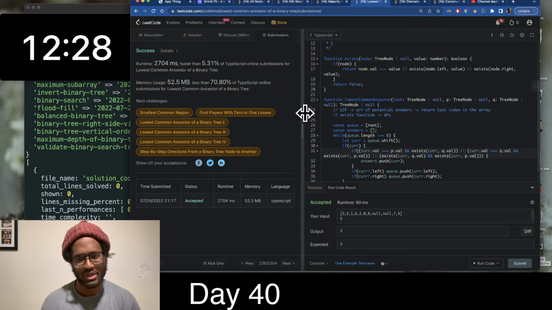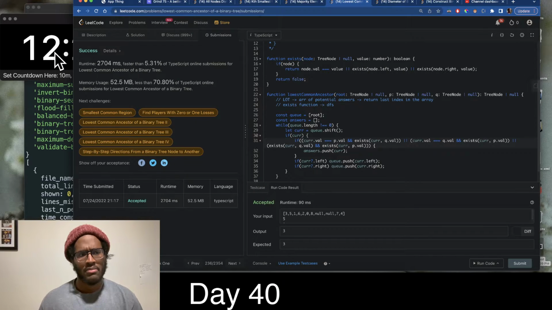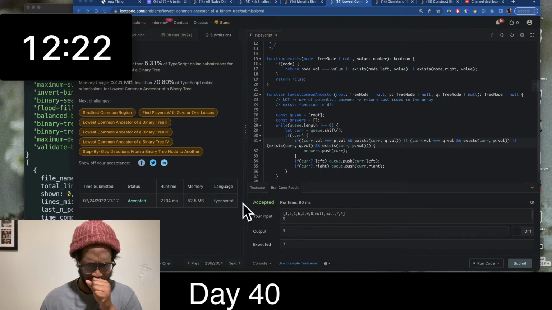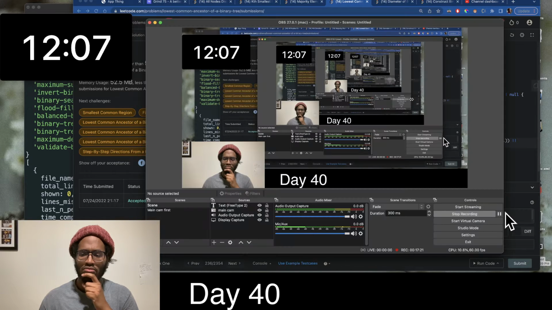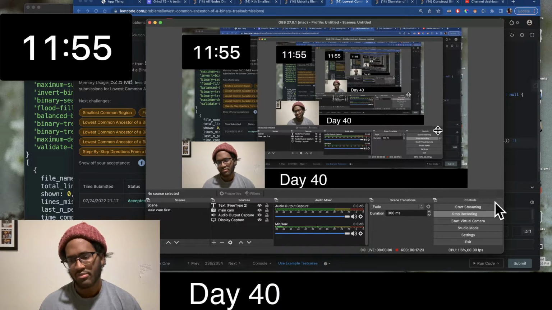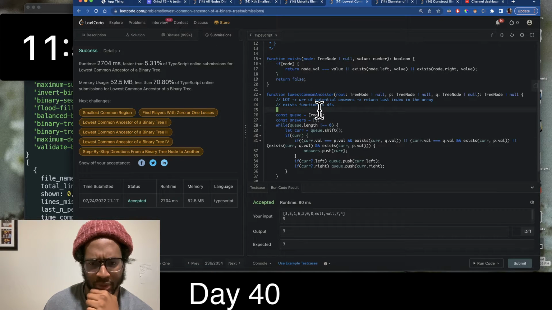Ooh, this is actually quite a slow algorithm. So this is actually quite slow.